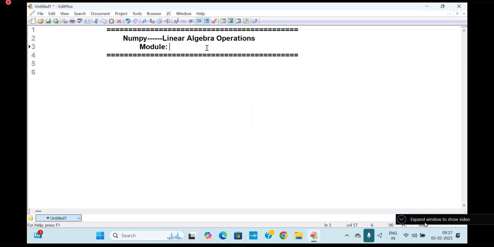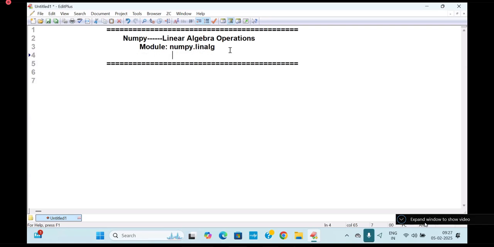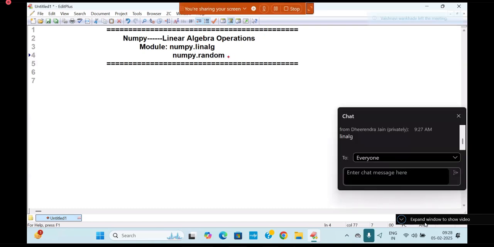So there is a module called what? LinALG. Spell out. It stands for linear algebra. This is a submodule inside which module here? NumPy. What is the fully qualified name of linalg? numpy.linalg, like numpy.random already. Do you know the functions present in the random module?